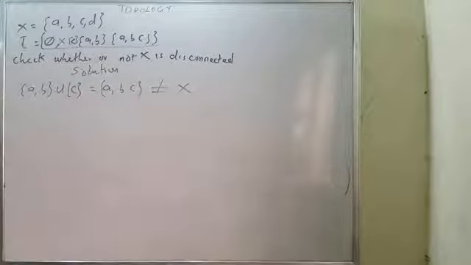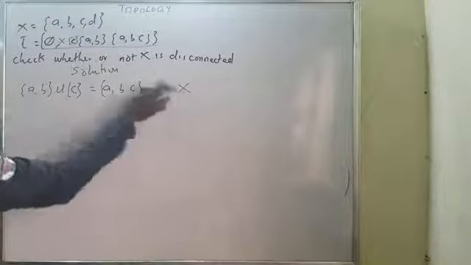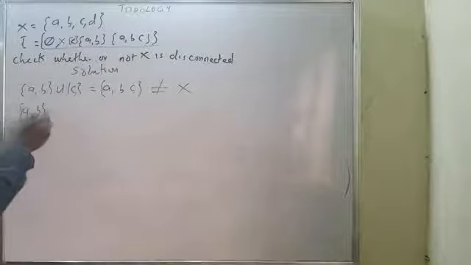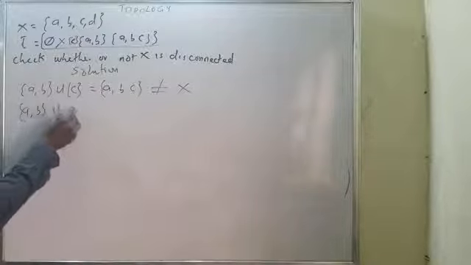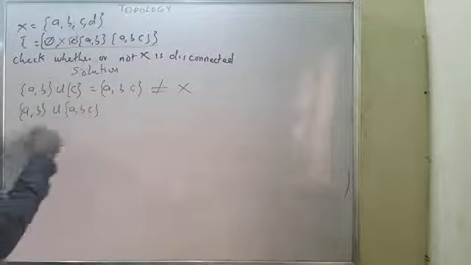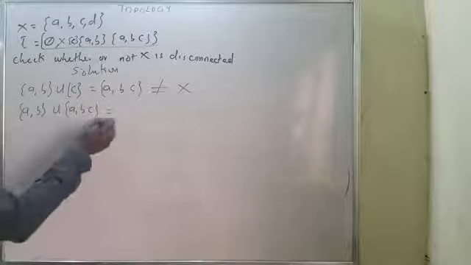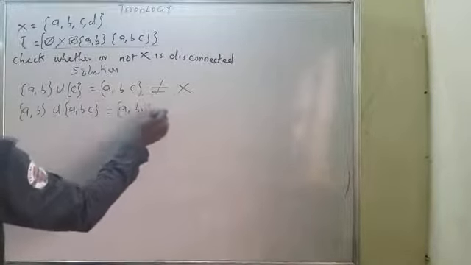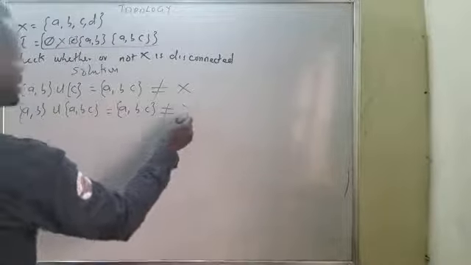And let's talk about the intersection. Since this is opposing, let's move on to A, B, union B, C. Now, can we see that this is also the same thing as A, B, C, which is not equals to X?